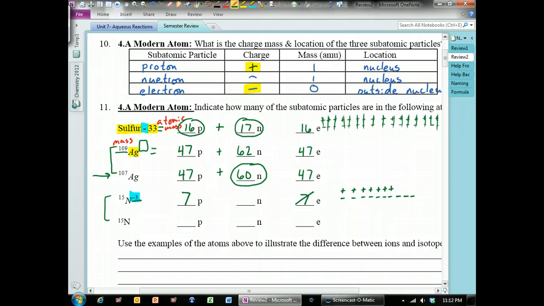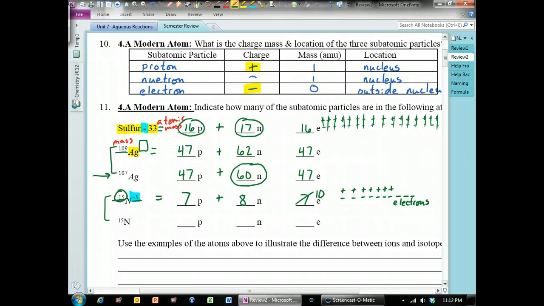Since the negative charges are the electrons, we can conclude there's going to be 10 electrons in this ion. The last thing we need to figure out is the number of neutrons. The number of neutrons is going to be what number will get us equal to 15. So 7 plus 8 will equal the mass, or 15 in this case.